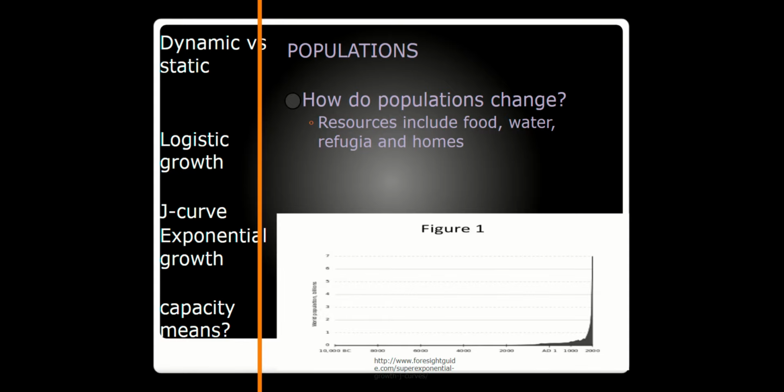Resources determine carrying capacity. There are other limits to population growth, and we're going to go through them. But some resources include food and water, and places to hide, and homes for nesting birds. There would be places to put their nest. Sometimes it has to be inside a cavity of a tree, and there might not be enough of them.